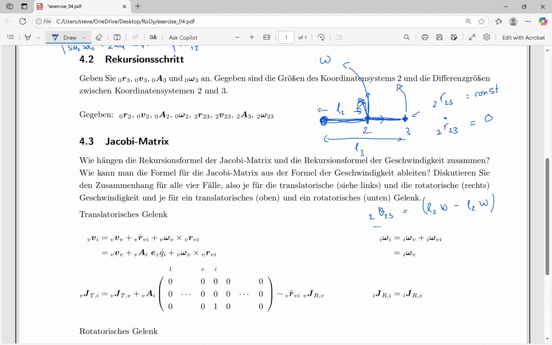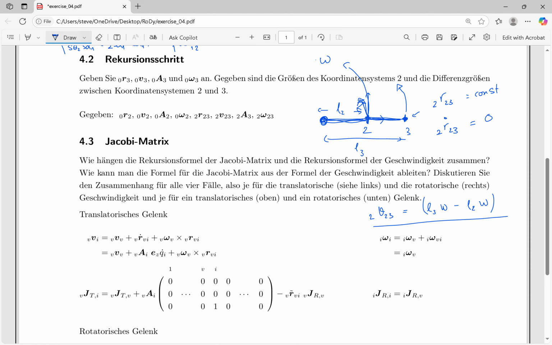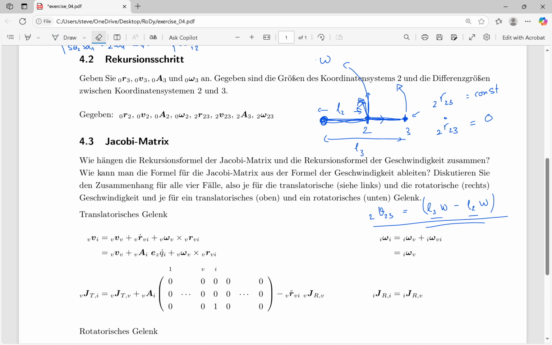And so, because this multiplication actually calculates the change in position of 3 and 2 in the inertial frame. And this comes out to be something non-zero. Alright?